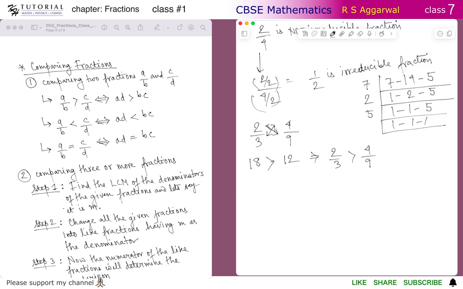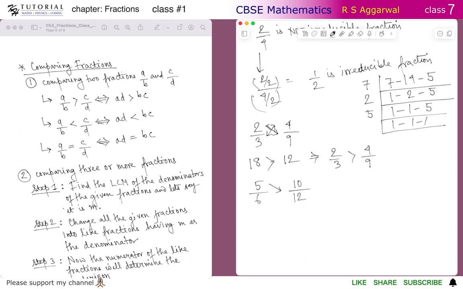Let's say we have a fraction 5 by 6 and 10 by 12. So basically these are two equivalent fractions and they must be equal. Now how do we compare these two fractions, 5 by 6 and 10 by 12?